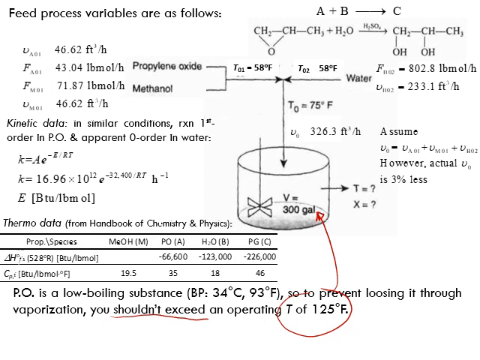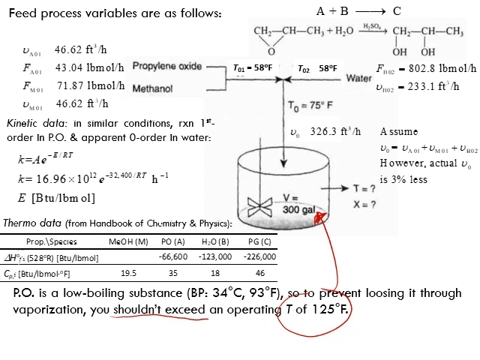Well, remember, we have a solution here. The solution inside the reactor consists of 4 species: propylene oxide, water, propylene glycol, and methanol. The boiling point, or bubble point, of a mixture will now be different. It's not like every individual species will only boil at its respective boiling point.